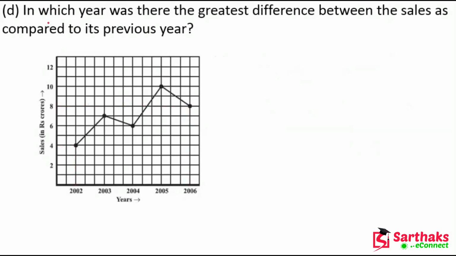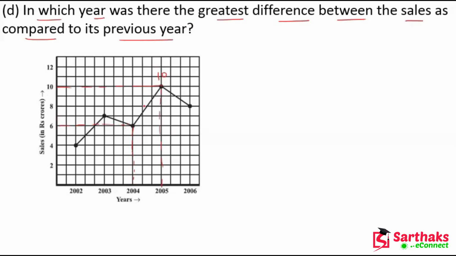Yes, now the next question. In which year was there the greatest difference in sales as compared to the previous year? If you observe this, the sales in 2005 is 10 crore rupees, and the sales in 2004 is 6 crore rupees.